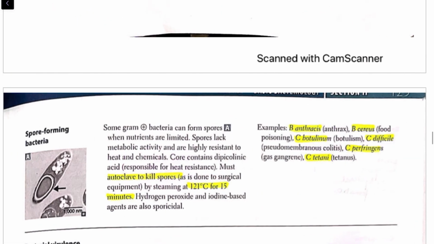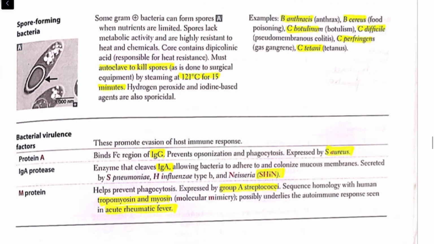Next are spore forming bacteria, right? Spores are very resistant and they are only killed by autoclaving at 121 degrees for 15 minutes. The examples are Bacillus anthracis. This is very important. Remember Bacillus forms non-bulging spores and only in soil. The other is Clostridium.